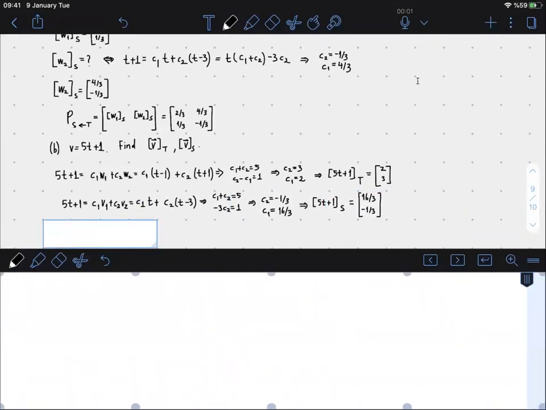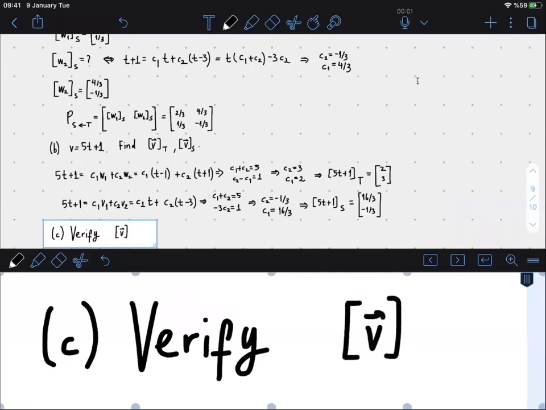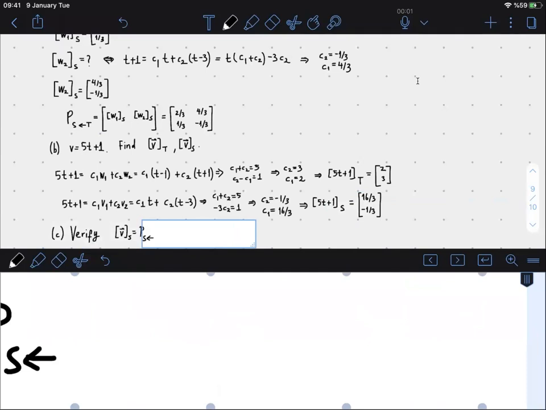Okay, so as another question, verify that V in S basis is equal to P_ST times V in T basis. Let's verify this.